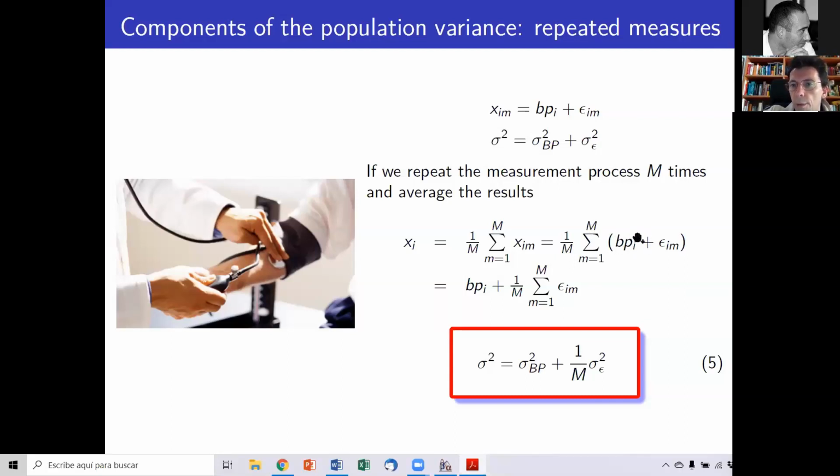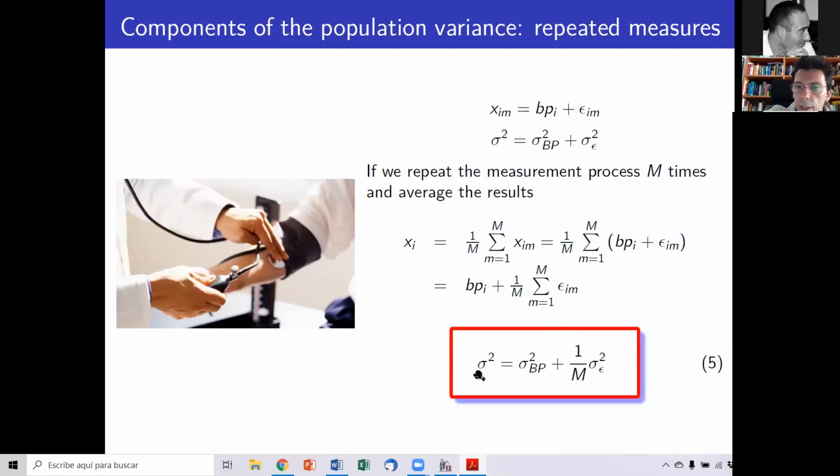Every observation will have the true blood pressure plus a random number that comes from my measurement error. And the true blood pressure goes out, and I'm computing actually the average of the observation errors. So by adding many observations, I can make this average go to 0.